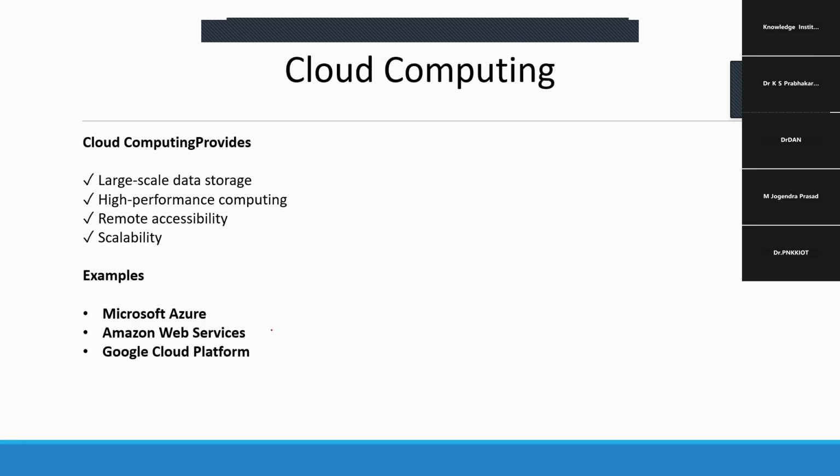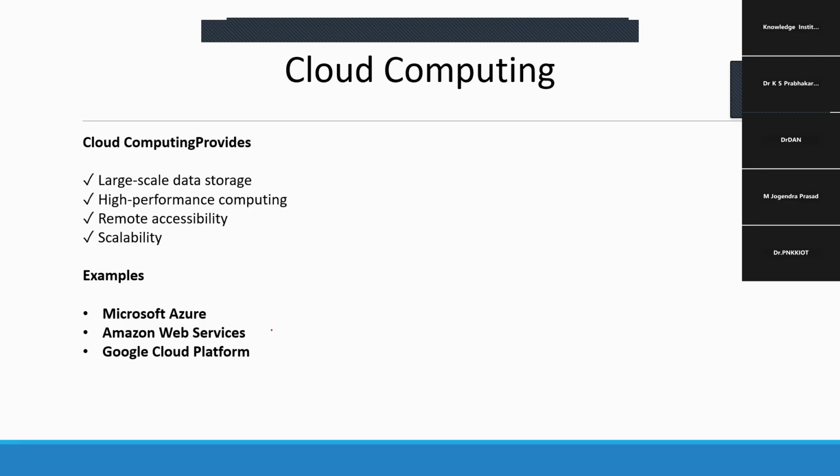Instead of only maintaining local servers, it can use cloud servers to store and run the simulation or historical data and execute machine learning algorithms. In that way, it provides the scalability and computational power necessary for large-scale digital twin implementation, like large-scale data storage, remote accessibility, and scalability. These things are possible by cloud computing.